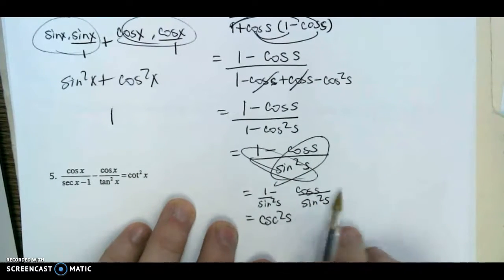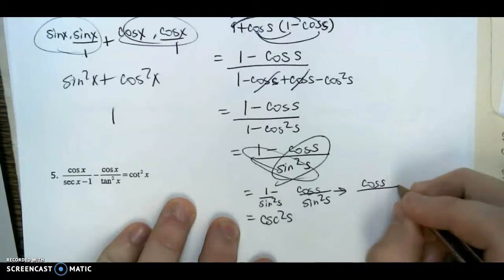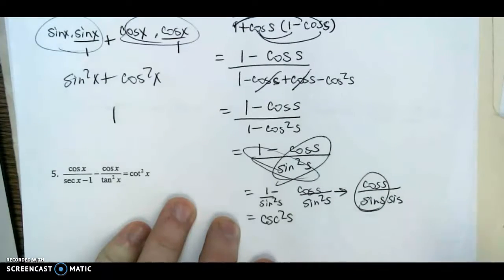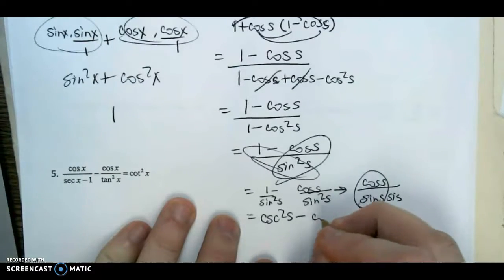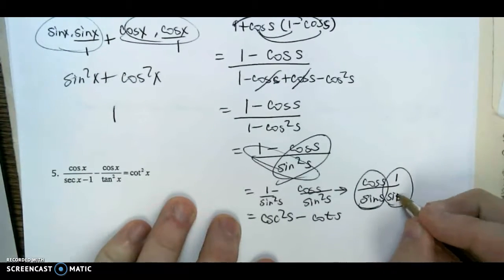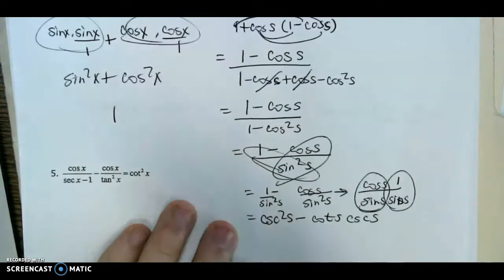And then the cosine over sine squared, this you can split into two sines. And one of them, cosine over sine, becomes the cotangent. And then the other 1 over sine becomes the cosecant. And that's how you get what we want.